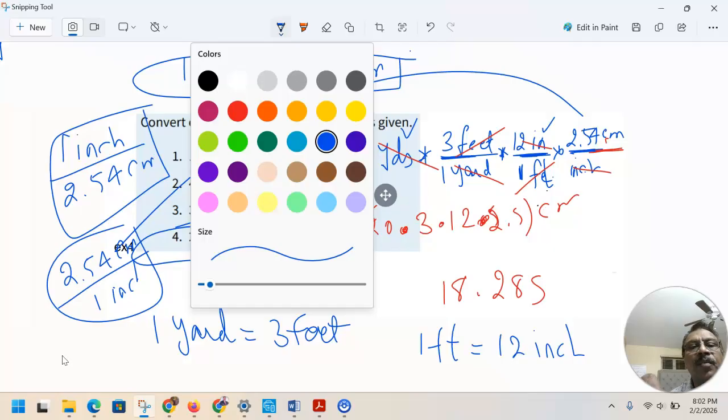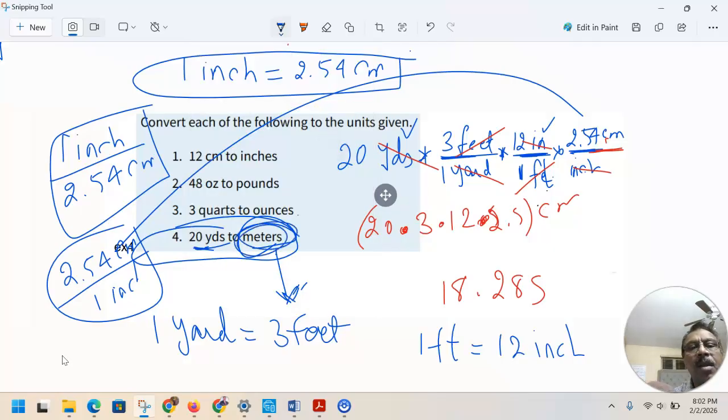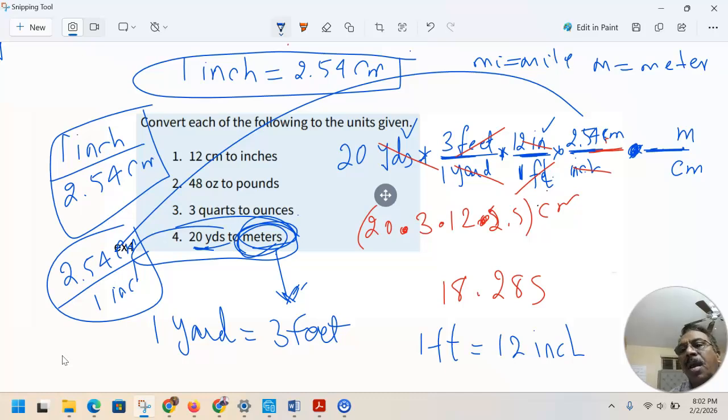I forgot about meters. I changed this to centimeters, but then you also have to change from centimeters. So centimeter is up here, so I'm going to write centimeter here and meter up. So this is meter. M stands for meter, MI stands for mile. Remember, there is a difference between these two. This is mile, so I want to write meter.